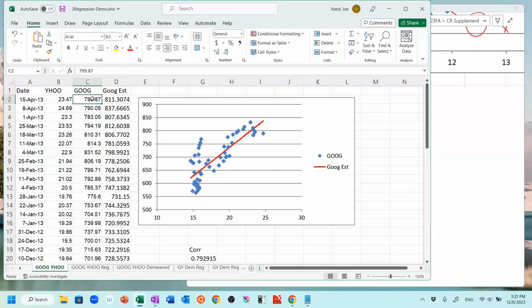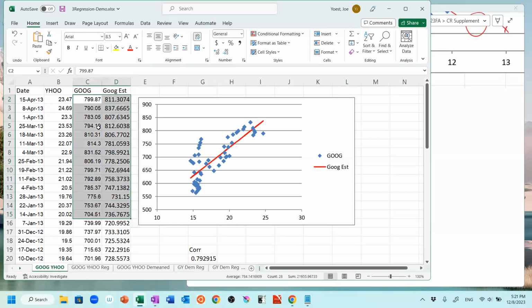I have the actual real world value and I have the estimate from my model, and I see there's a deviation there, right? I'm about 11 or so units off for this particular data point. When Yahoo was 23.47, we saw a Google price of $799.87, and our estimate would have been 811.31. So we were off a little bit.